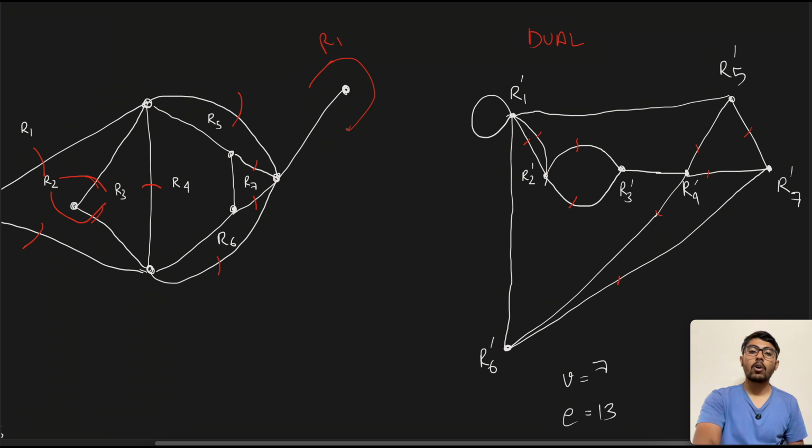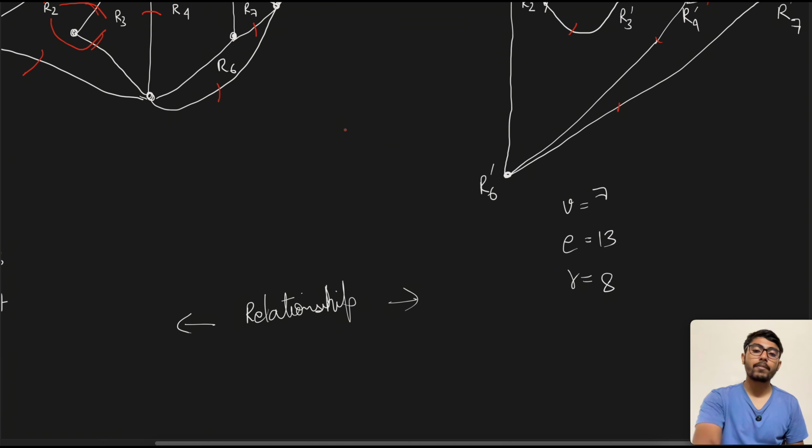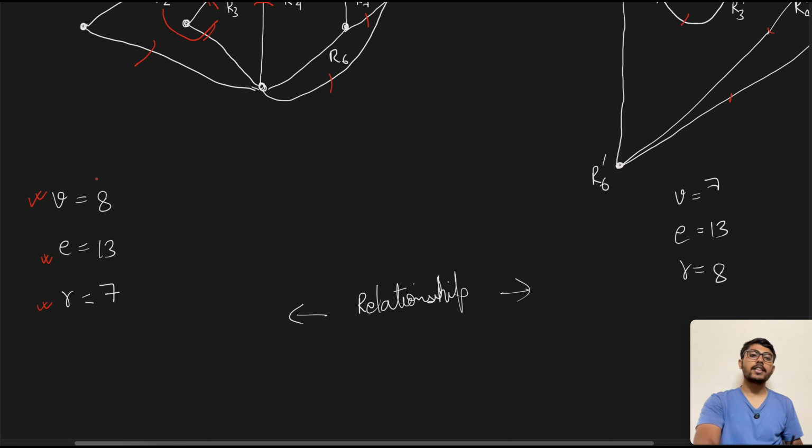Now we will also discover a very special relationship between the geometrical dual and its original counterpart. If we look closely, we will see that the number of vertices in the original graph becomes the number of regions in the dual graph, and the number of regions in the original graph becomes the number of vertices in the dual graph, but the number of edges has stayed the same, right.